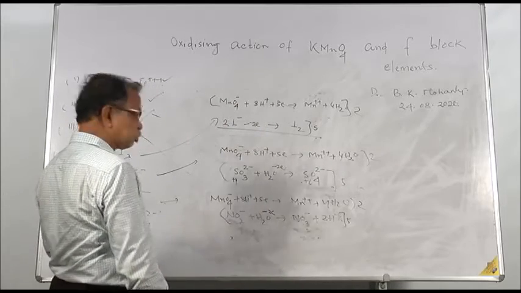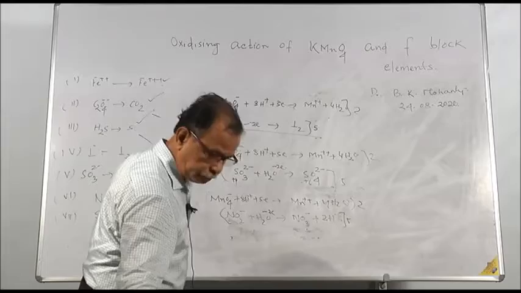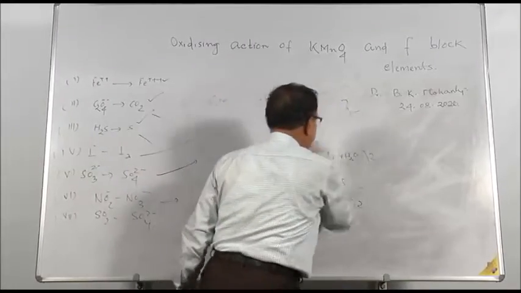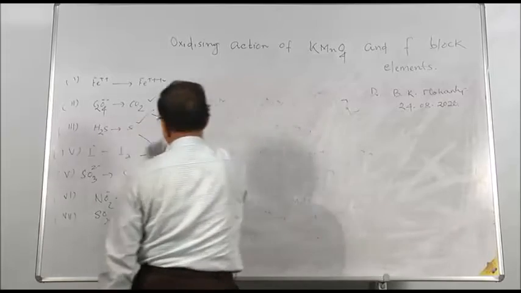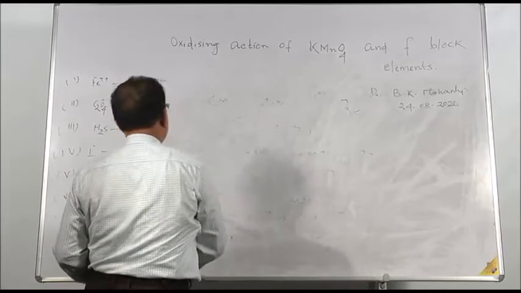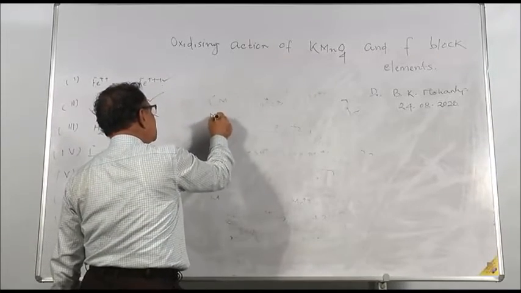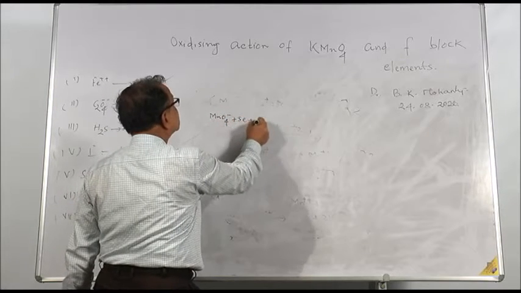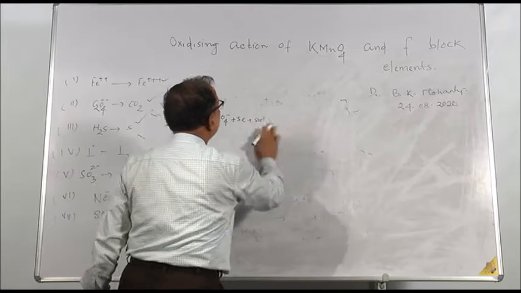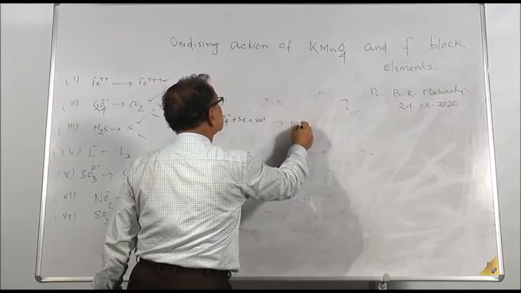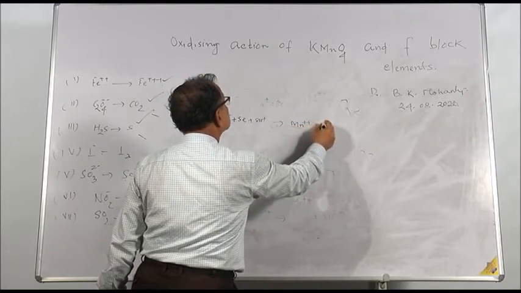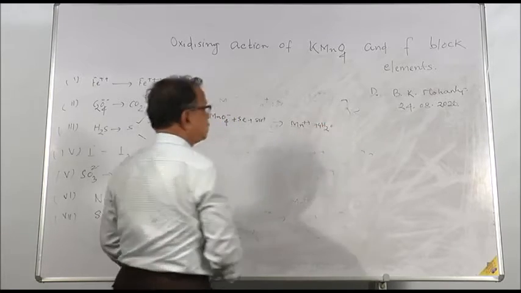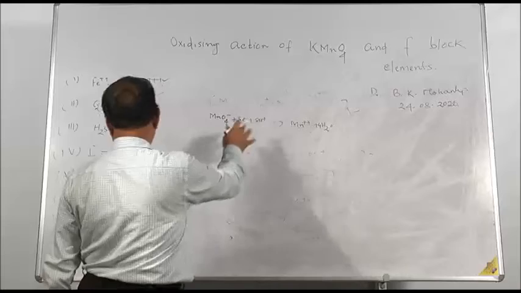Similarly, sulfur dioxide to sulfate. MnO4 minus plus 5e plus 8H plus forms Mn2 plus plus 4H2O. It is ionically balanced and electronically balanced.